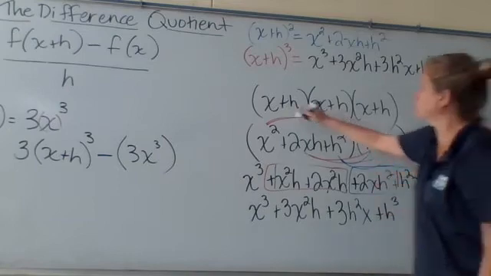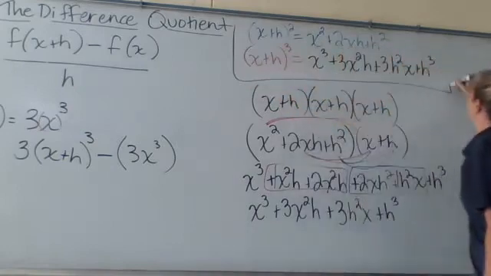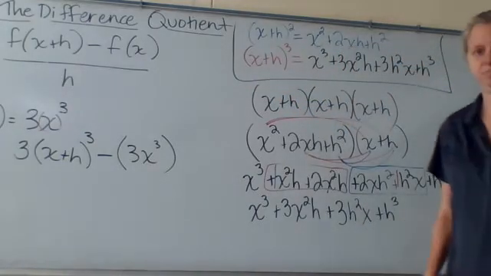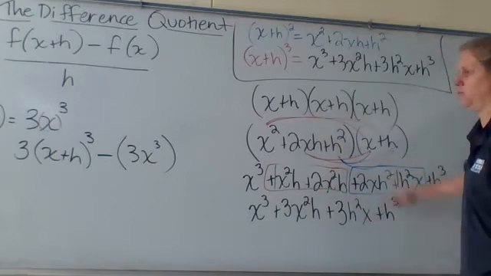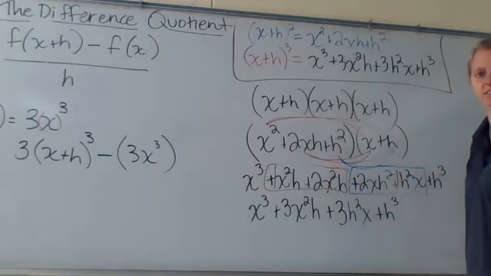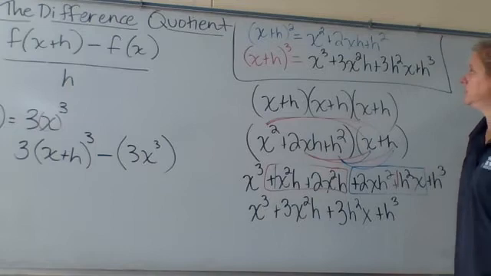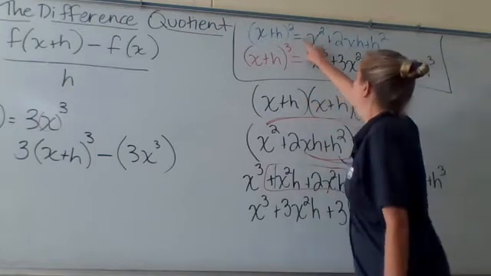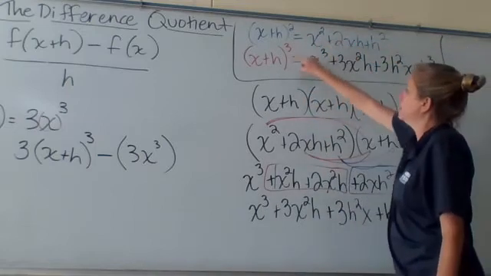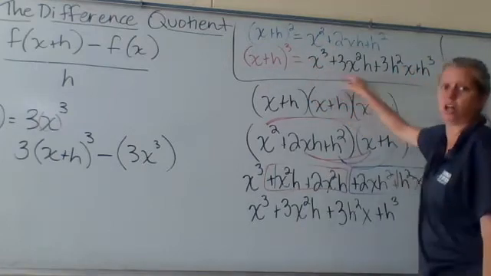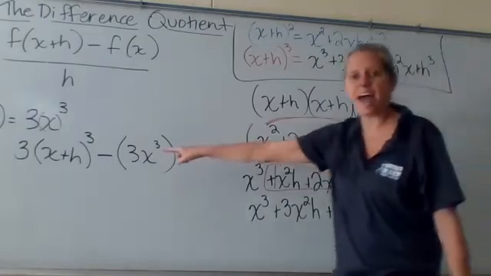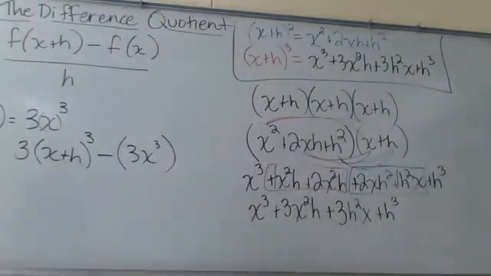So that way, here's what you want to say when you're doing this homework. It saves you from having to do all of that ever again. So if you have an x plus h squared, you plug in this. If you have x plus h to the third, you plug in all of that, which is what we have here.